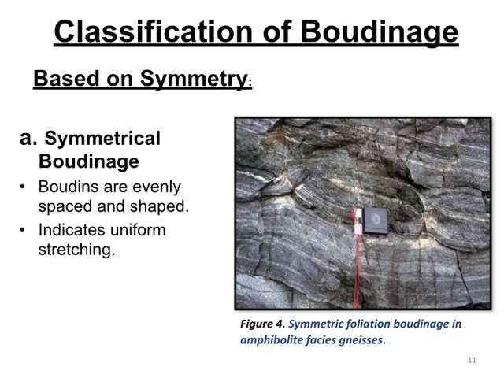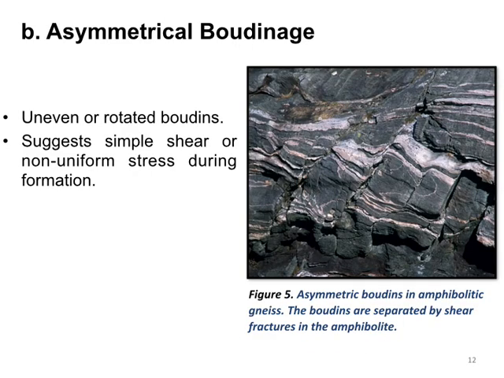We can see that the slide shows symmetric foliation boudinage in amphibolite facies gneiss. The next type is the asymmetrical boudinage, in which boudins are uneven or rotated, suggesting simple shear or non-uniform stress during their formation. This slide also includes an example of amphibolitic gneiss where boudins are separated by shear fractures.